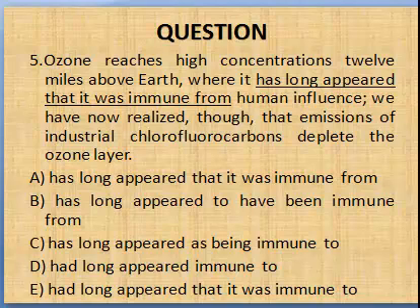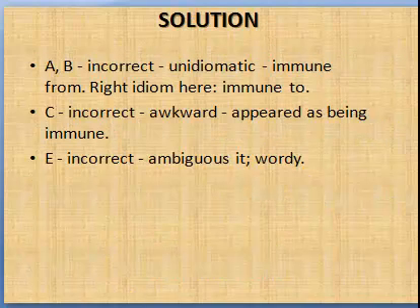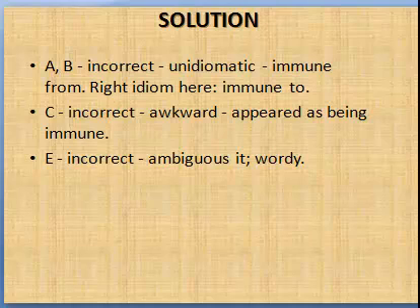So had appeared immune to does our job. So more of an idiomatic kind of a question. Not much of a logic here. Once you find out how to differentiate whether we are talking about something in the present, that's going on right now, or something that ended in the past. So we thought that it had been something, but now we know that it's something different.